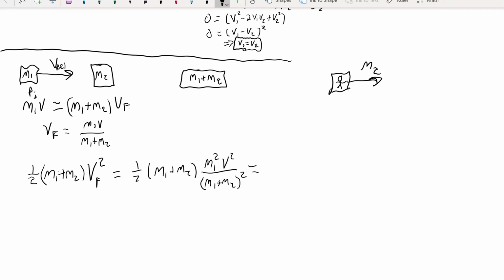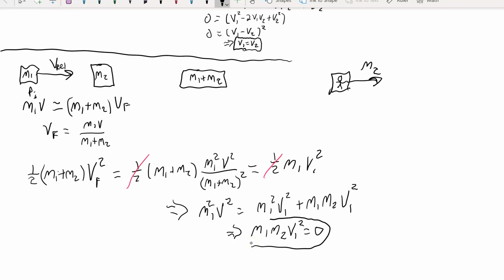And that's equal to my initial kinetic energy, which is 1/2 M1 V squared. So this is much, much easier to do the algebra. I'll still pause and do movie magic anyway. So that's my movie magic. You can spend a couple seconds looking at that if you want, or not.